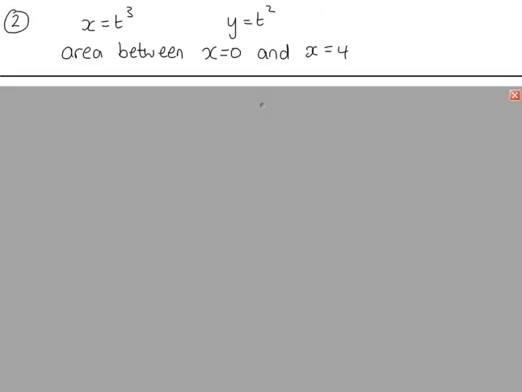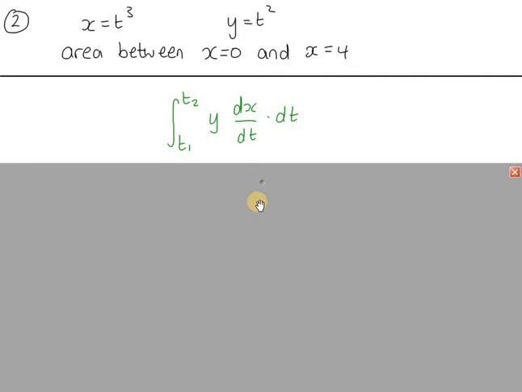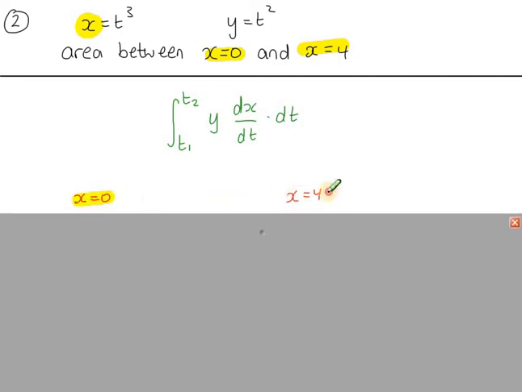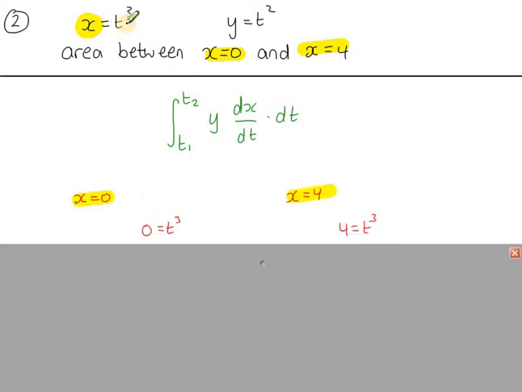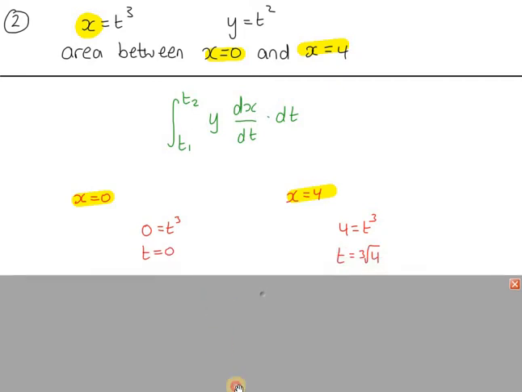Example 2, we want to work out the area between x equals 0 and x equals 4. We have some parametric equations. That's the general form that we always start with. So I need some limits in terms of t. At the moment they're in terms of x. So we substitute these x values in here and solve. Substituting x equals 0 and x equals 4 into x equals t cubed, we get our two t values for the parameters.